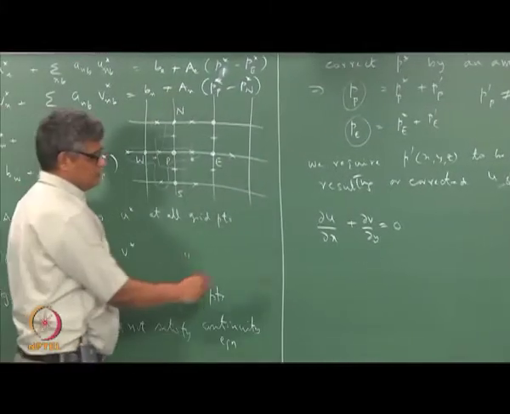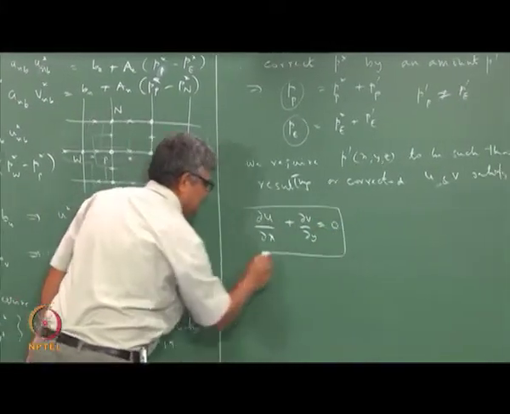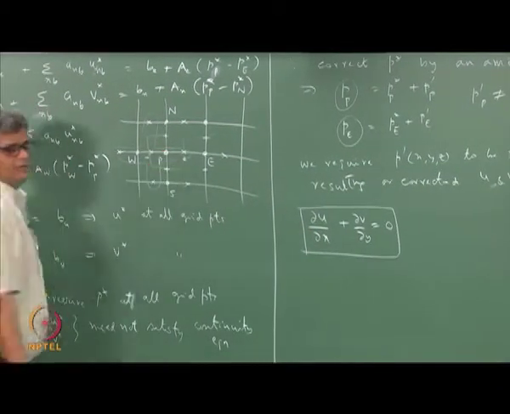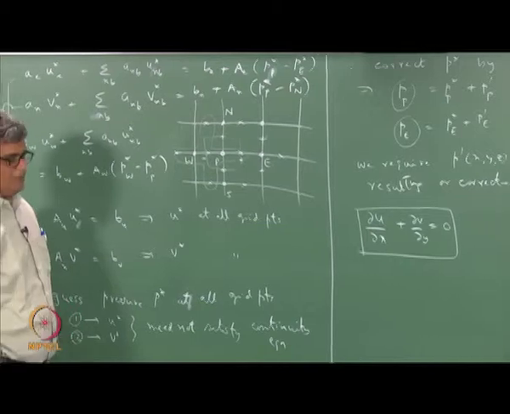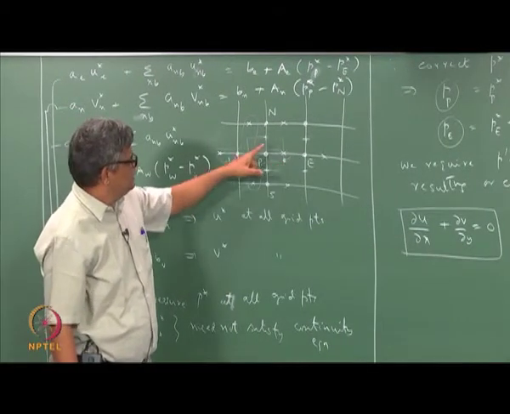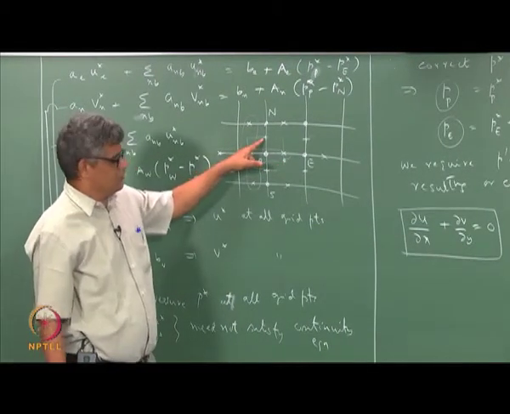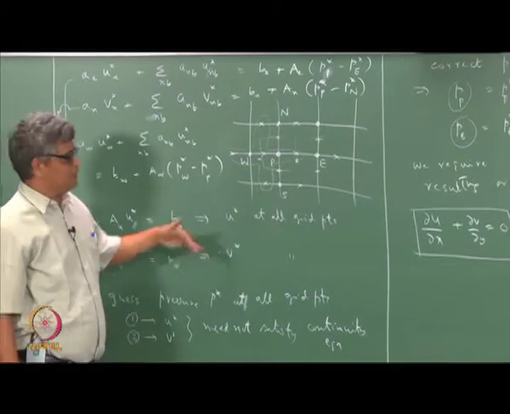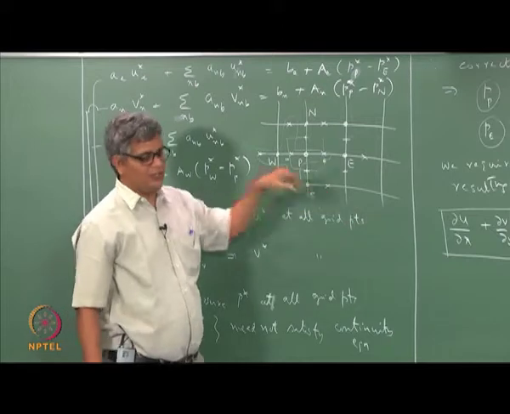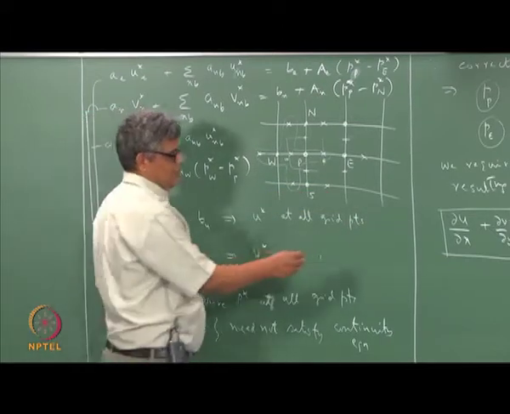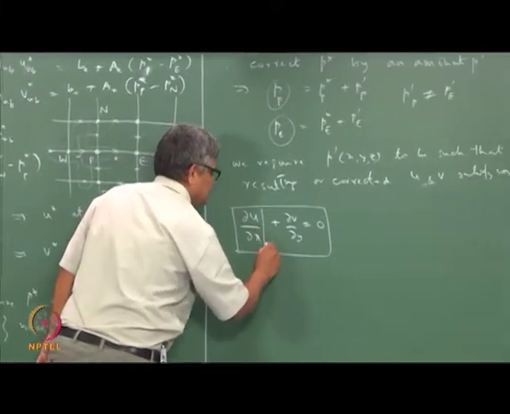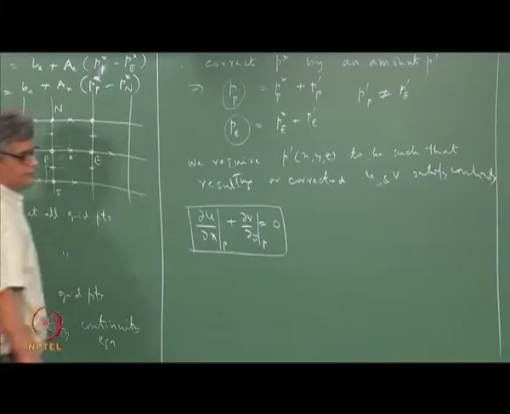Okay. Now, we discretize this around location capital P, not at small e, not at small north, not at the faces, but at the point where we need to evaluate pressure, because we want to use this to get pressure. So, we want to have this equation approximated at capital P. Okay.